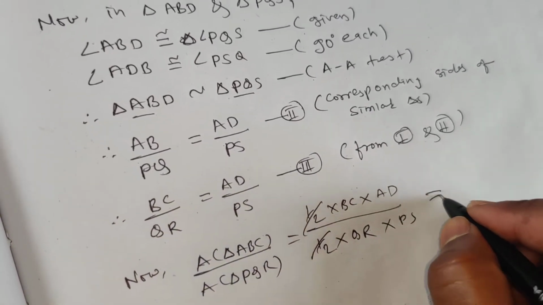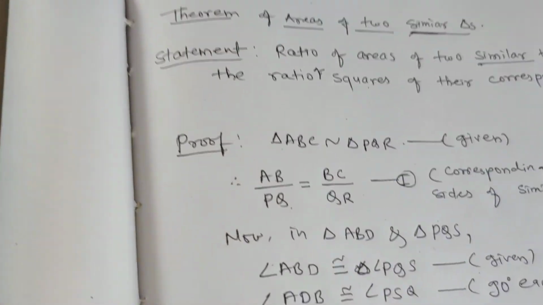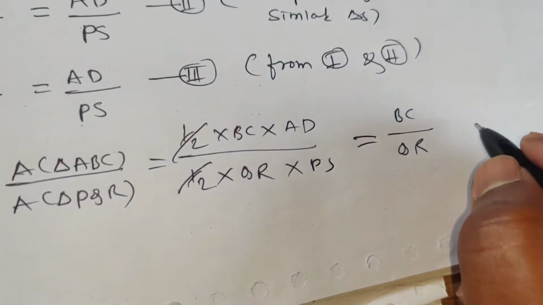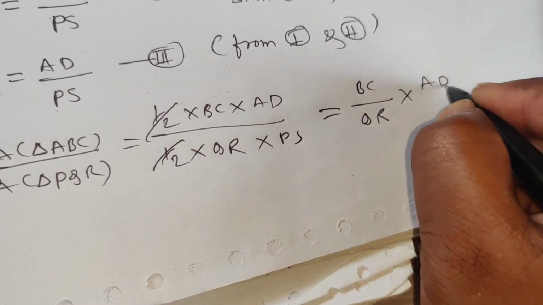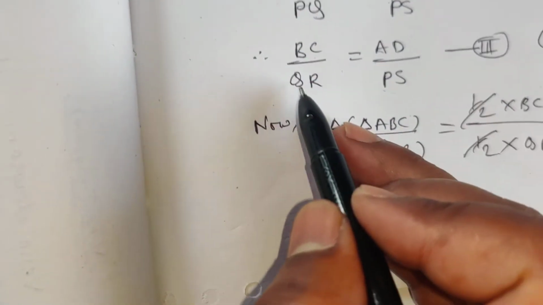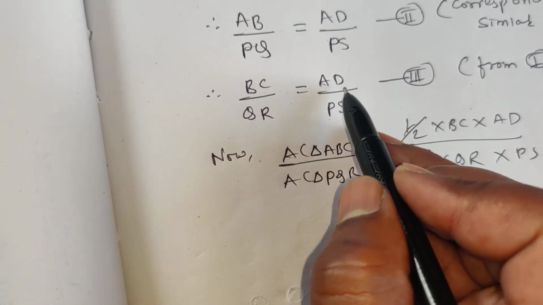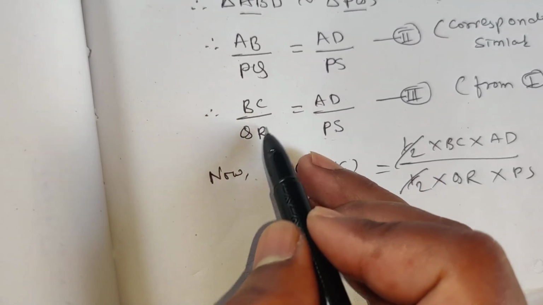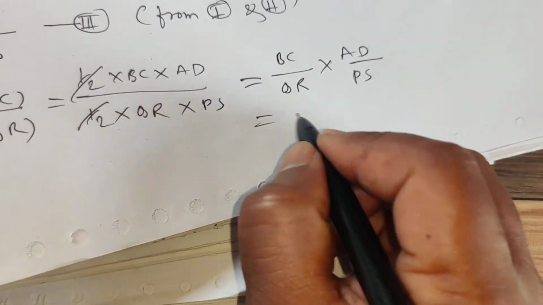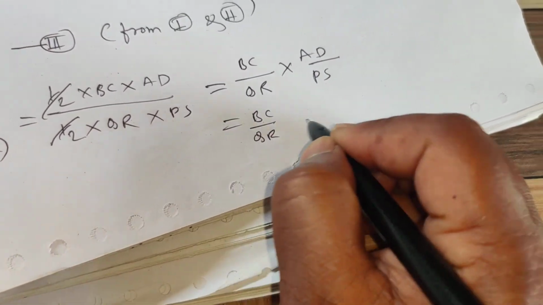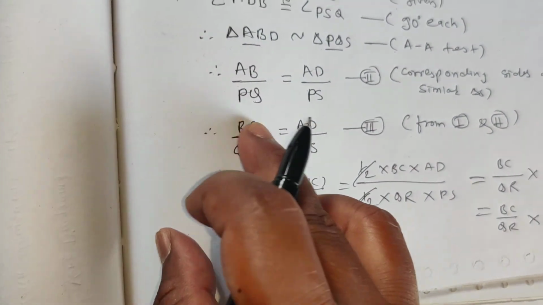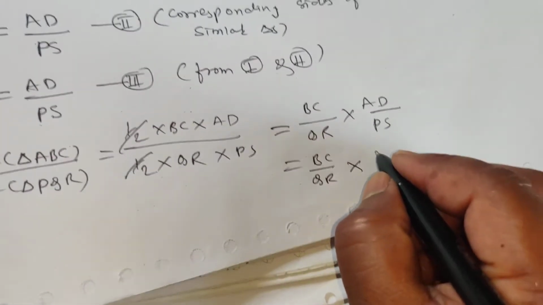Half will be cancelled, and we can write it as BC upon QR into AD upon PS. Okay, we know that AD upon PS equals BC upon QR, so instead of AD upon PS we can put BC upon QR. BC upon QR is as it is, and instead of AD upon PS from statement number 3, we write BC upon QR.